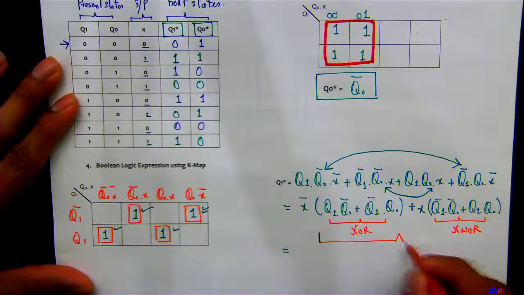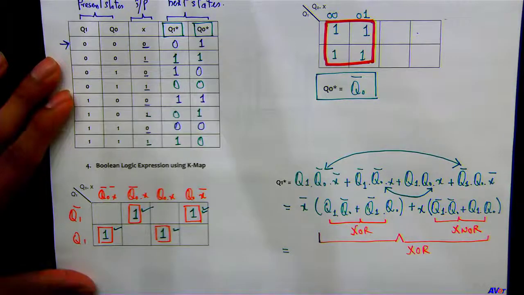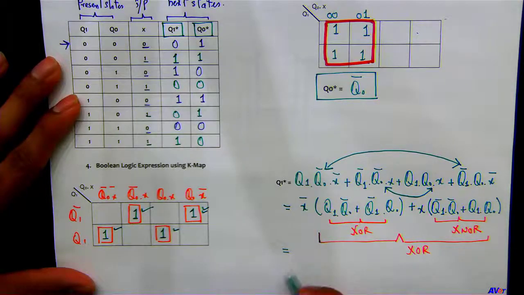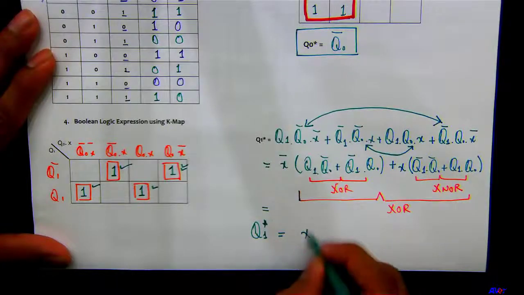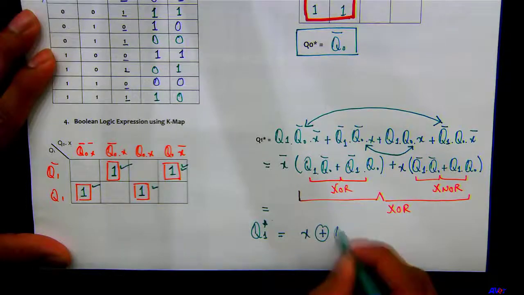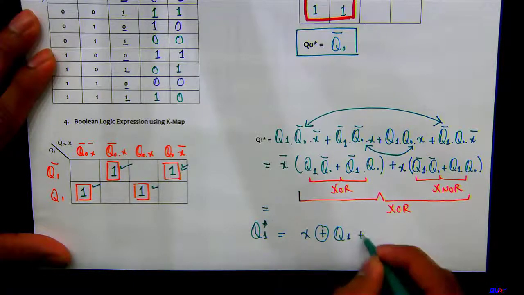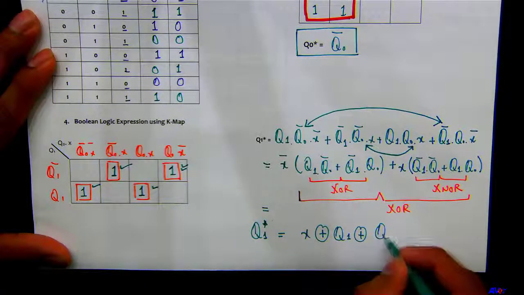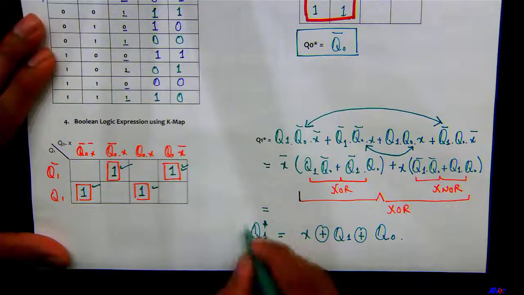This whole thing makes what? Exclusive OR, right? So I actually can write the expression as x exclusive ORing with Q1 exclusive ORing with Q0. Okay, that's the expression.